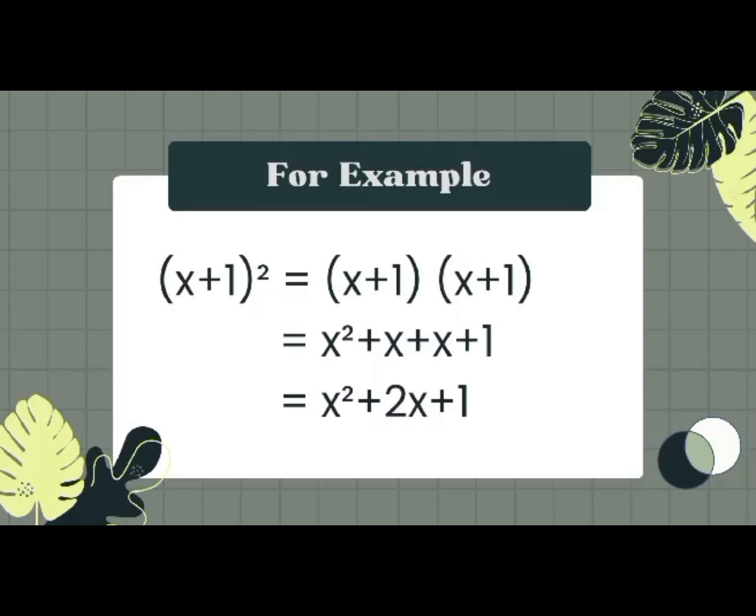So x times x is equal to x squared. x times 1 is equal to x, and x times 1 is equal to x, and 1 times 1 is 1. So we add: x squared remains, and x plus x is equal to 2x, plus 1.